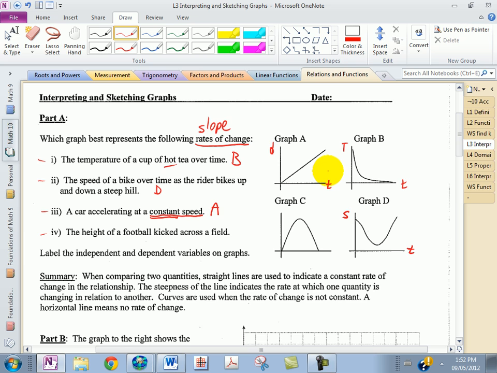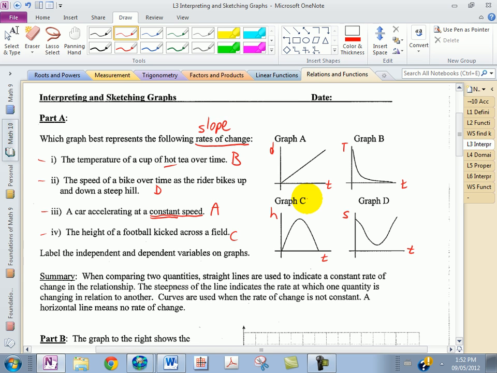Height of a football when you kick it, well, that's got to be C, right? You give that football a boot, it goes up in the air and comes back down. And so this would be your height versus time. So you got to come up with that. Given a scenario, you have to come up with what that graph would look like.